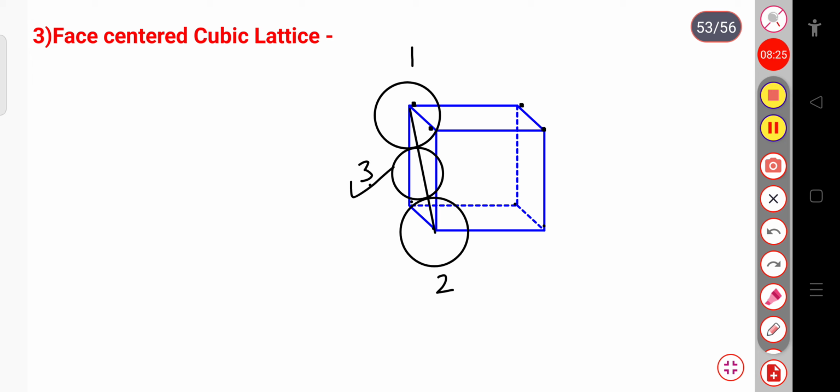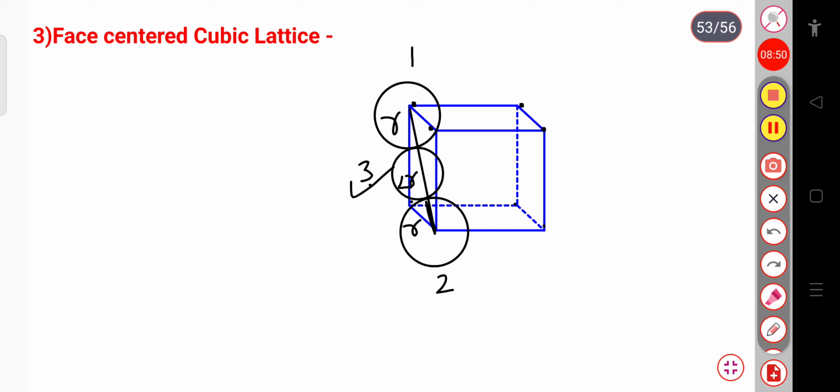Now here also the radius, you can see the first one has the radius r, and for the third one the total diameter is 2r, and the second one, the corner one, also has the radius r.